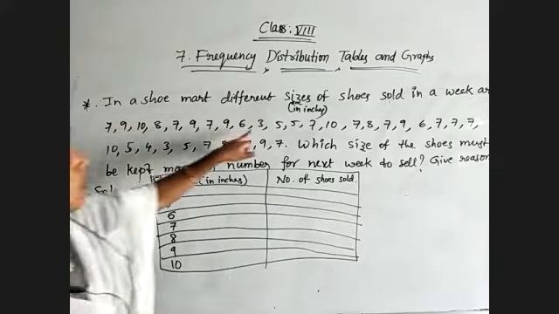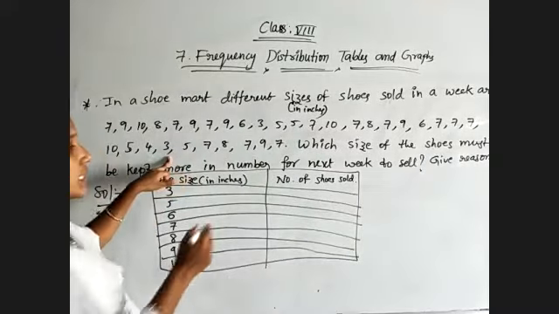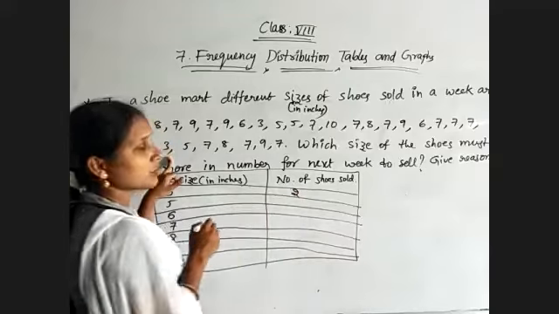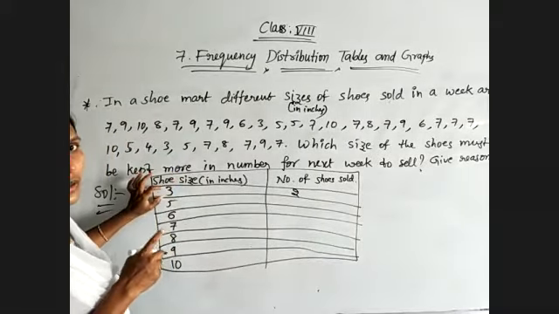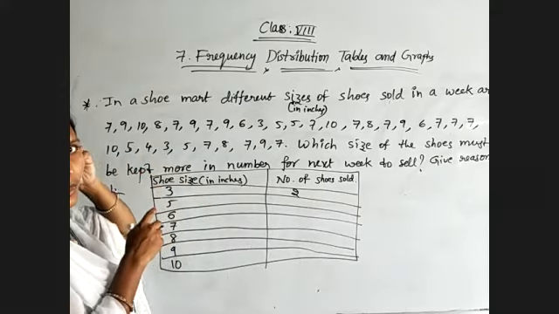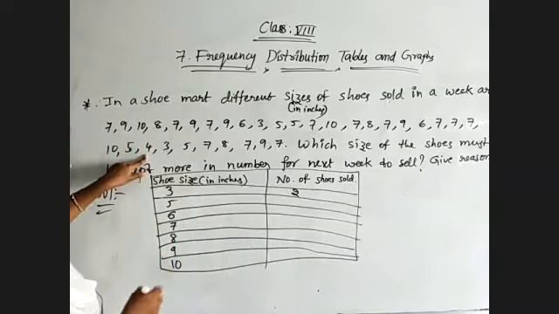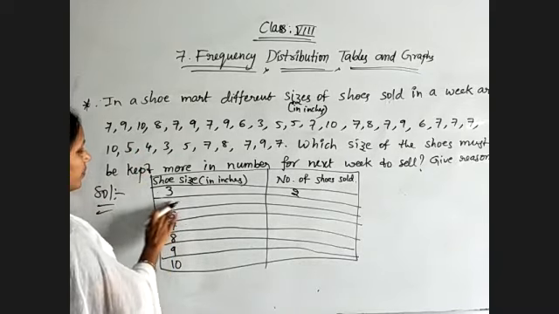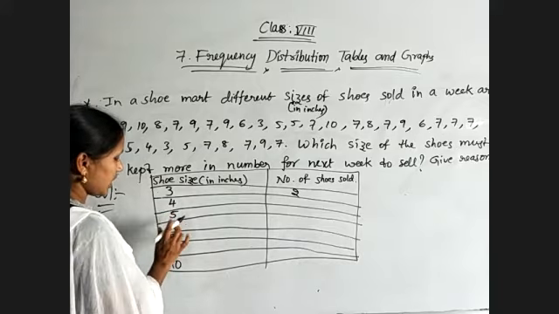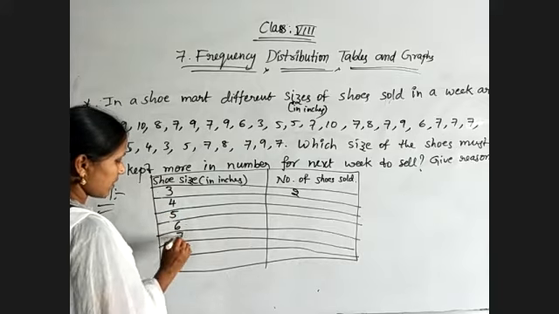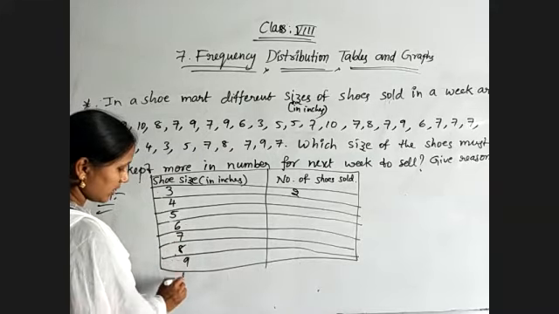Check, 1, 2. So 3 came 2 times. Number of shoes sold: 3-inch shoes, 2 sets are sold. Now next, 4. 4 also we have. Then 4, 5, 6, 7, 8, 9, 10.